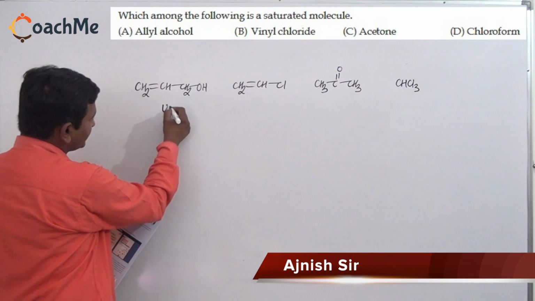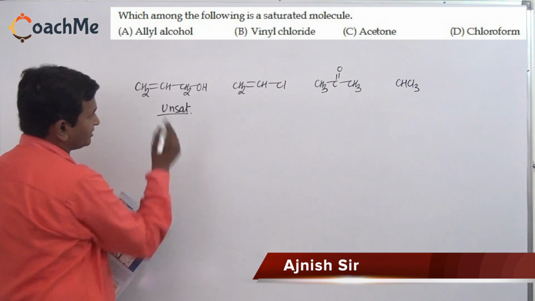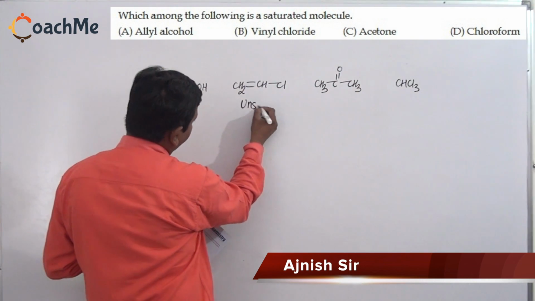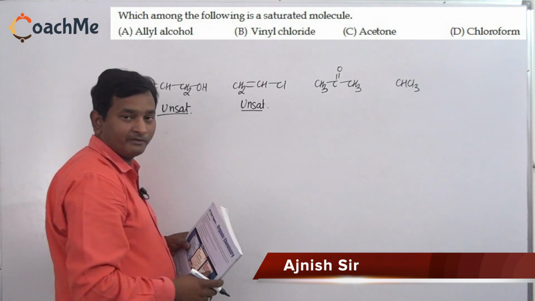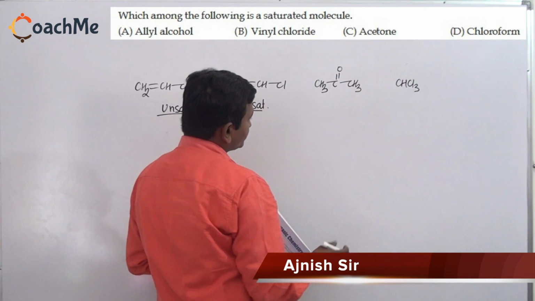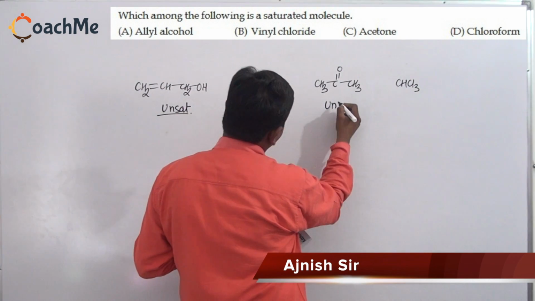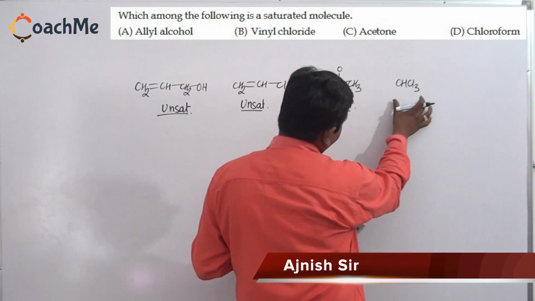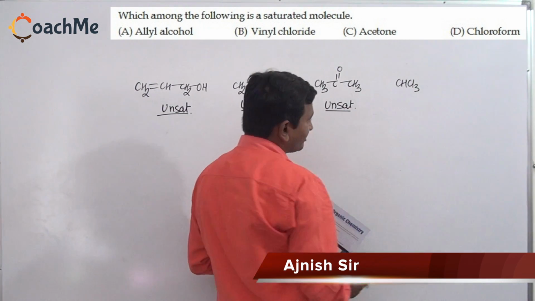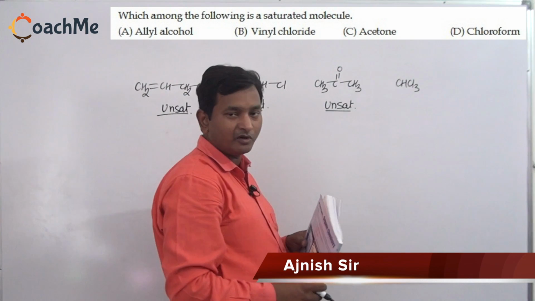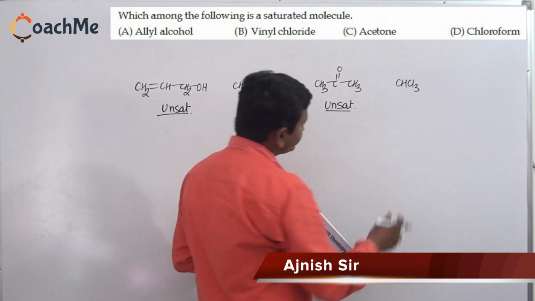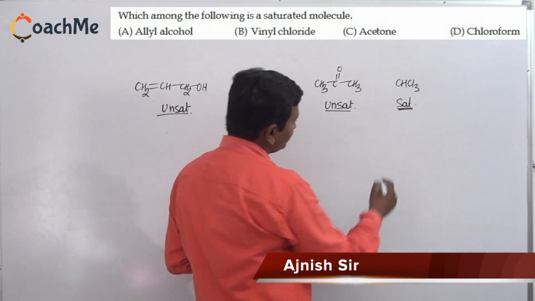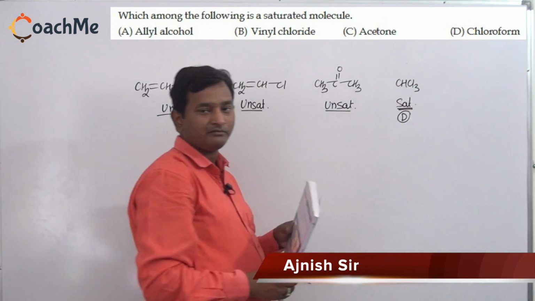So this is unsaturated. Here also a carbon-carbon double bond is present, so it is also unsaturated in nature. This molecule also has a carbon-oxygen double bond, so this will also be considered an unsaturated molecule. But in this molecule, chloroform, there is no carbon-carbon double or triple or any type of multiple bond, so this will be called a saturated molecule. So the answer will be D.